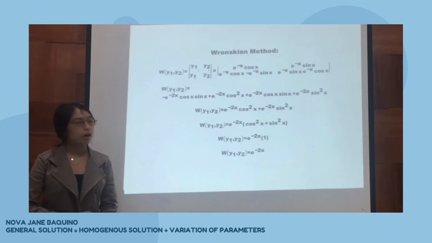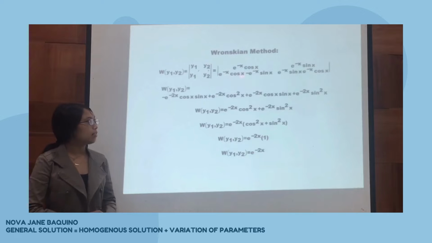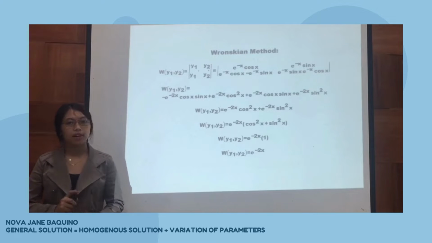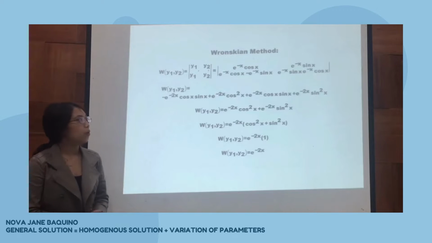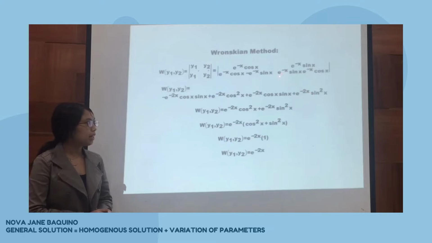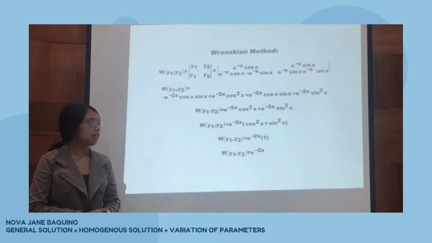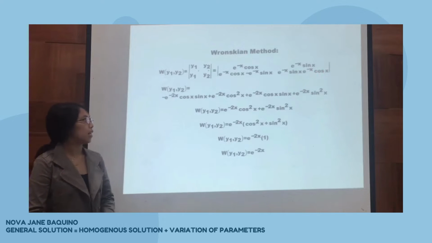And y sub 1 prime is e to the negative x cosine x, negative e to the negative x sine x. And the value of y sub 2 prime is e to the negative x sine x, e to the negative x cosine x.